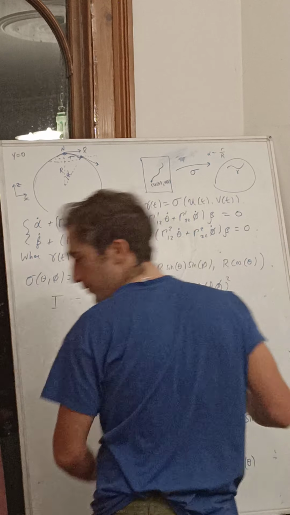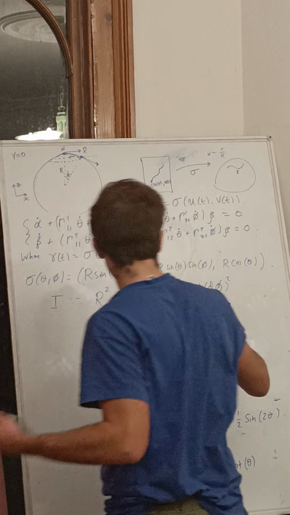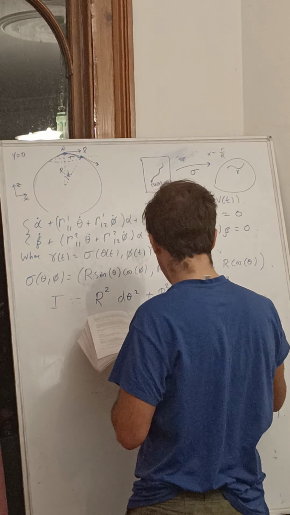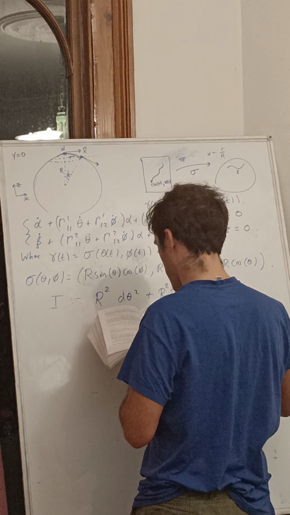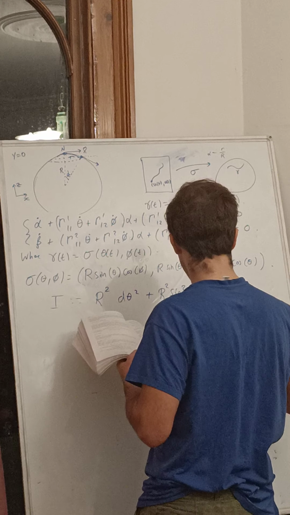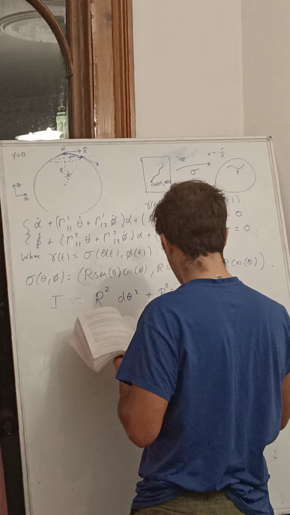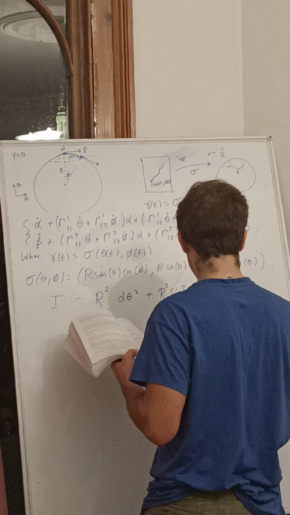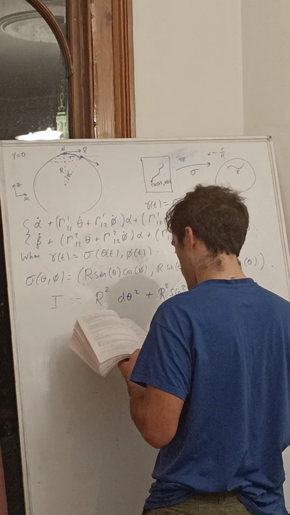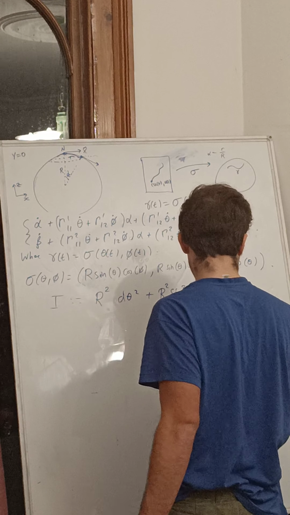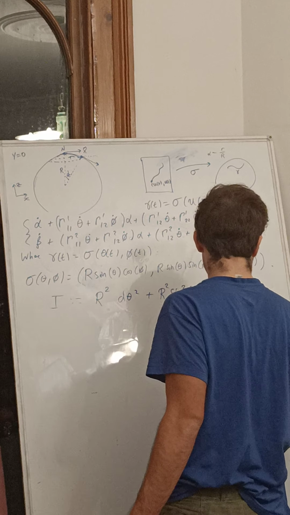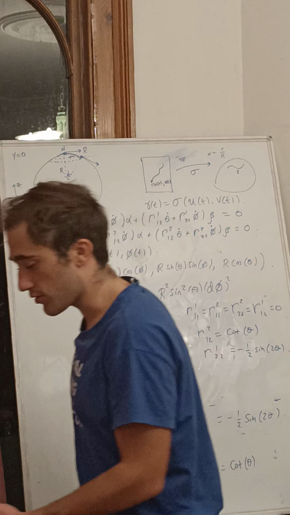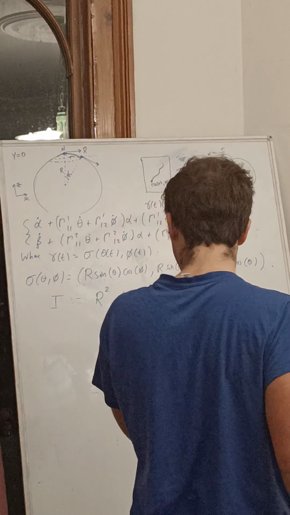Let me do that again. We've got gamma 1, 1, gamma 2, 1, 1, gamma 2, 2, 2, gamma 1, 1, 2, all equal to 0. Gamma 2, 1, 2 is cot theta. And gamma 1, 2, 2 is minus a half sine 2 theta, or minus sine theta cos theta if you wish.